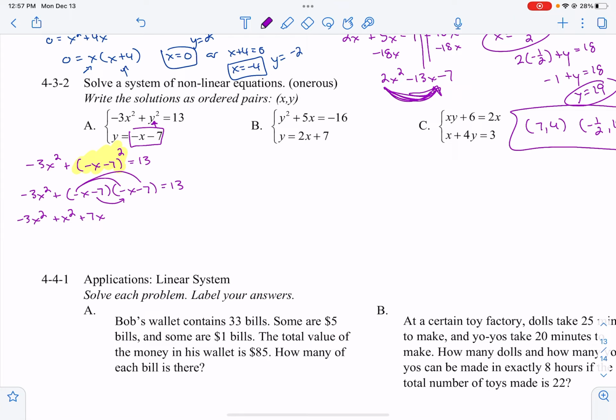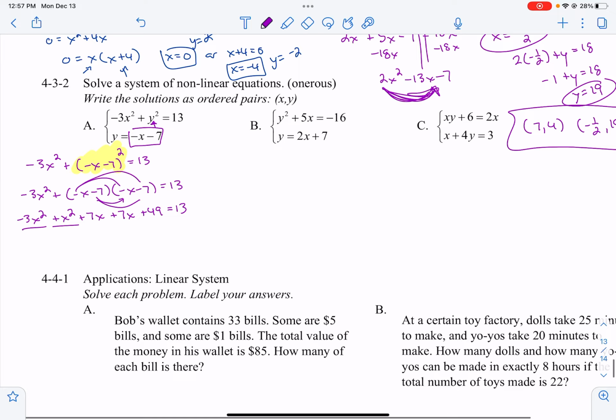Negative 7 times negative x is another positive 7x, and negative 7 times negative 7 is a positive 49. All of that equals 13. So let's combine like terms. Those go together, and I get negative 2x squared. My 7x's go together and become 14x plus 49 equals 13.